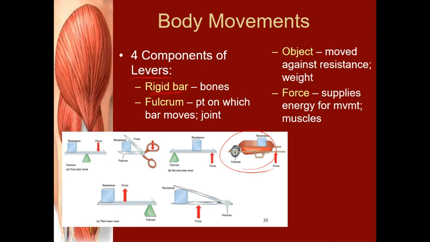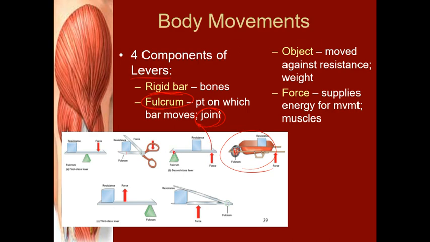So are your muscles and your bones, okay? So one part of it has to be a rigid bar, and that's your bones. The fulcrum is the point where the bar moves. So this is our joint. So where is our movement going to occur? Here on the wheelbarrow, it's right here. You've got the fulcrum right here. So if I push this up, this is the point at which it's moving.